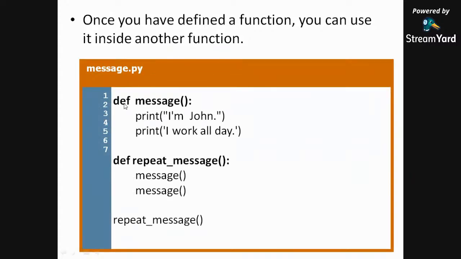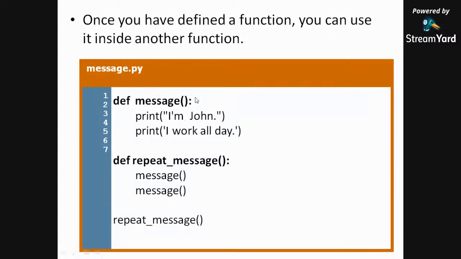For example, I am defining a function called message. Okay, so inside this I have two print statements. Then I am defining another function called repeat message. Here I don't write any code, I want to repeat the same message.